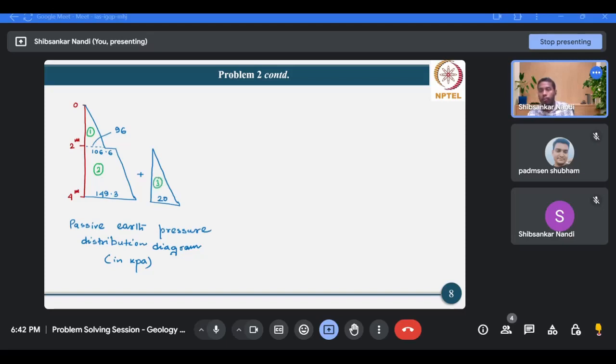You can split this trapezium also into two parts, one a rectangle and another a triangle. However, that will unnecessarily need more time. If we know the area of a trapezium and its CG, it will be easier for us to split the distribution in this fashion.